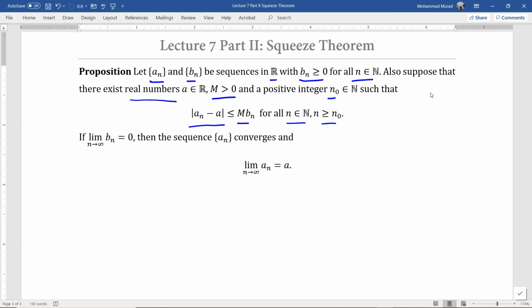Now if the limit of b sub n equals 0, then the sequence a sub n converges, and the limit of the sequence a sub n is equal to a. So this number is the limit of the sequence a sub n if the sequence b sub n converges to 0. Please try to prove this proposition.